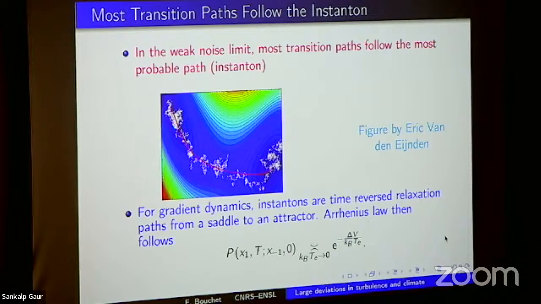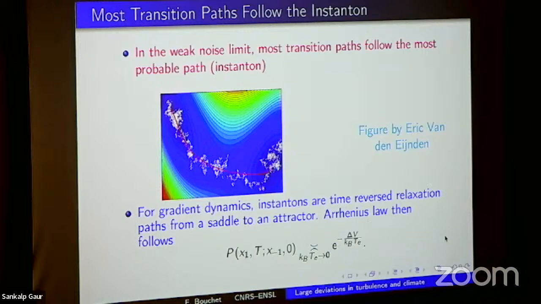So I show you here the path. Here V is a bit more complex, now I am in dimension 2. So I have two variables, x and y, and a potential in dimension 2. The colors you see and the lines are the level lines of the potential. You see that you have a minimum here and a minimum there, so you have two attractors, one here and one there.